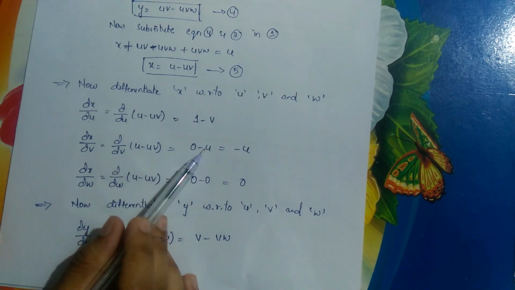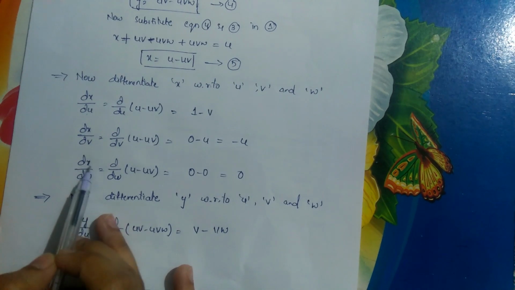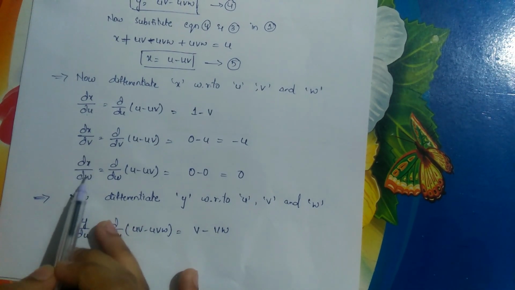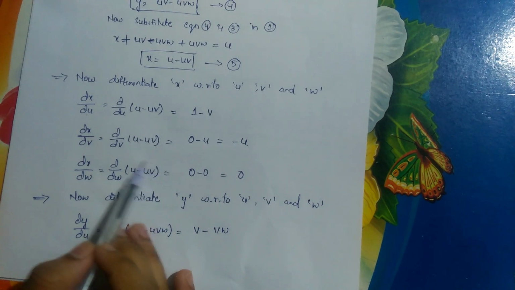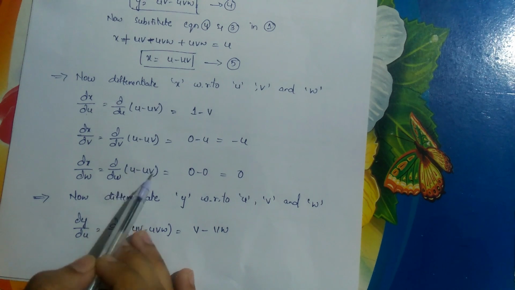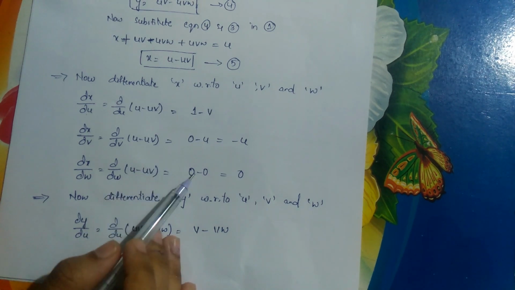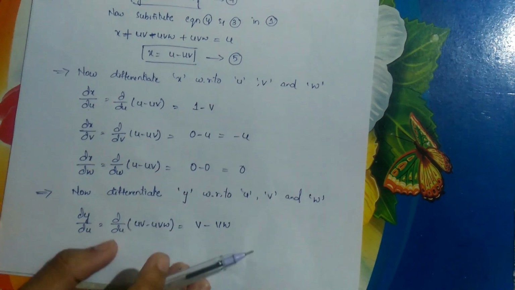So here 0 minus u equals minus u. Now similarly differentiate x with respect to w. ∂x/∂w equals ∂/∂w of u minus uv. As there is no w variable in this term, its differentiation becomes 0. So 0 minus 0 equals 0.